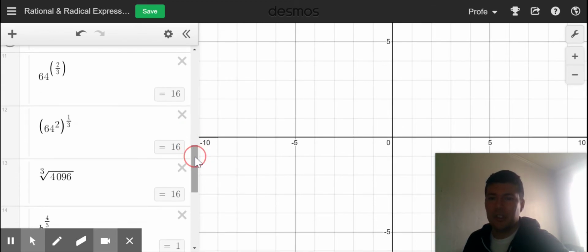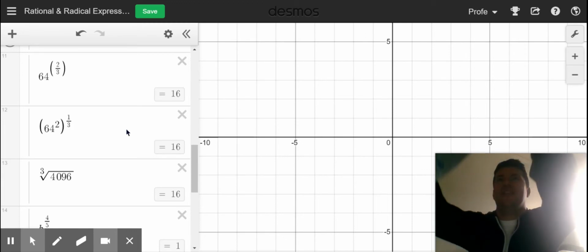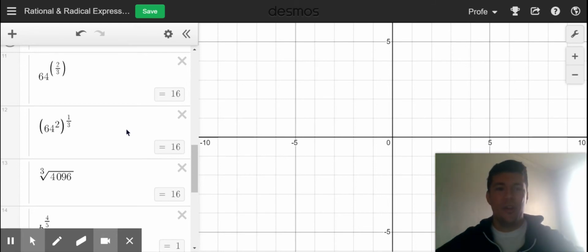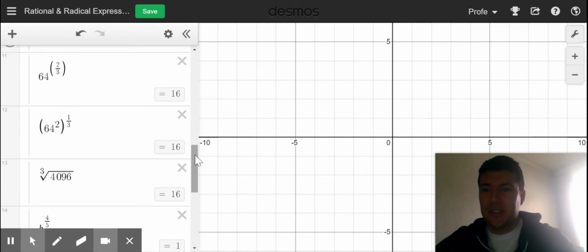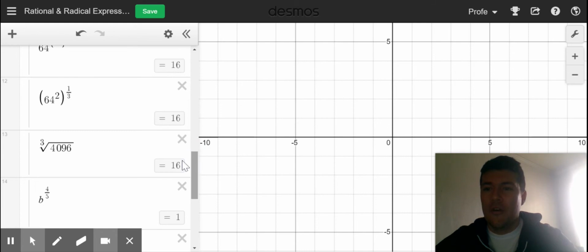So 64 to the 2/3. If you follow your notes in the little box, we can change this expression to 64 squared to the 1/3 power. So 64 squared is 4,096. In other words, 4,096 to the 1/3 power is 16.